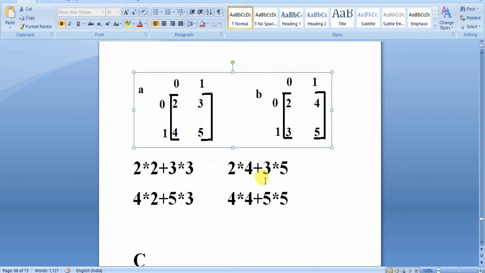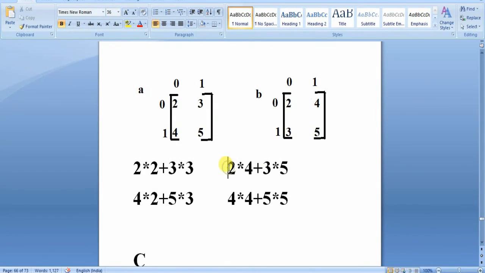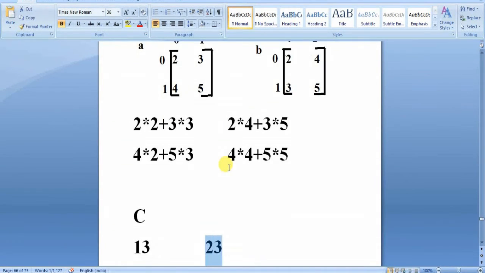Next time k plus plus increments A of i k to A of 0 1, multiplied with B of 1 1, nothing but 3 into 5. So 2 into 4 plus 3 into 5: 8 plus 15 is 23. That is the value being stored like this.